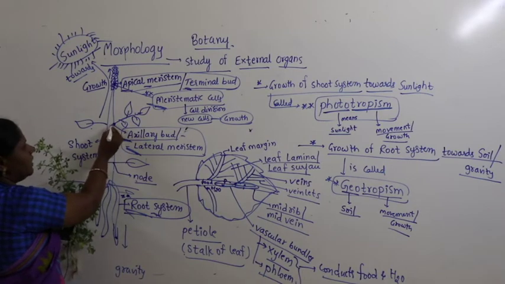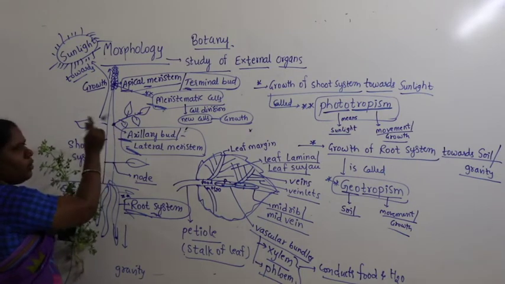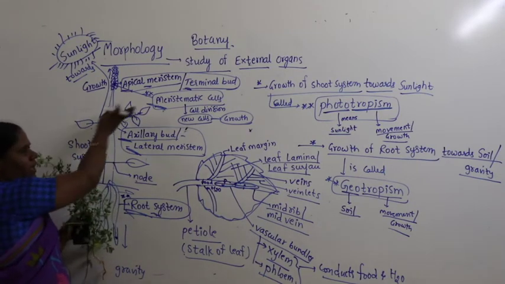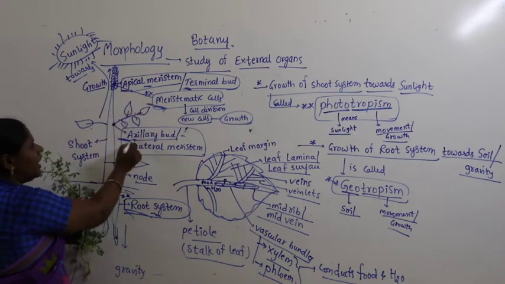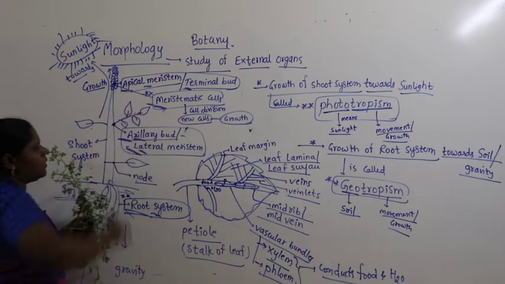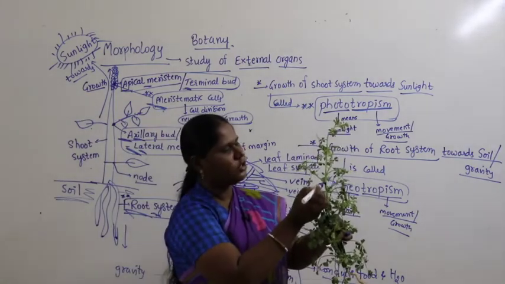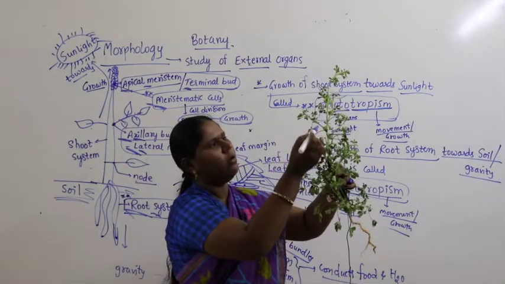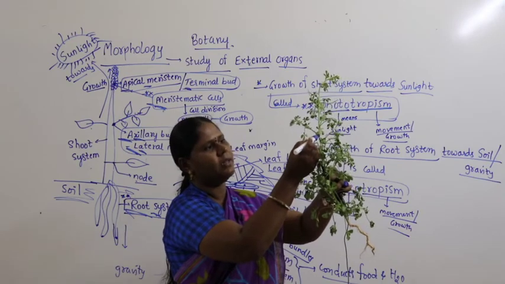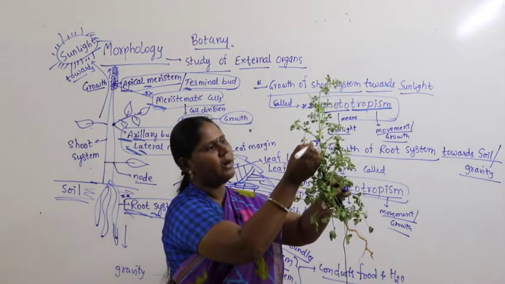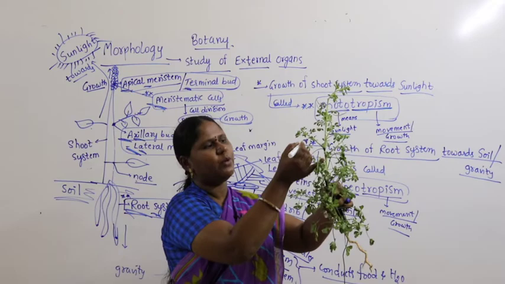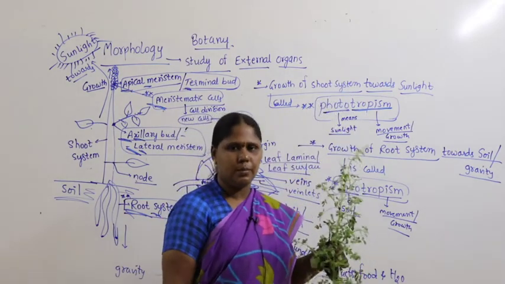What is present laterally here? A small bud from which growth occurs. What do you call that? Axillary bud or lateral meristem. This is the axillary bud from which a branch is growing or a leaf is produced, and that lateral meristem is where branch formation takes place.